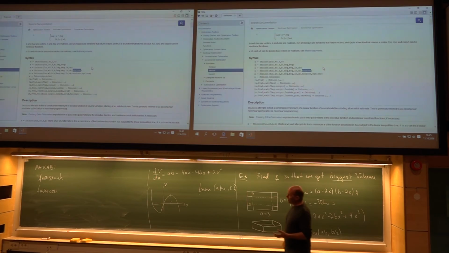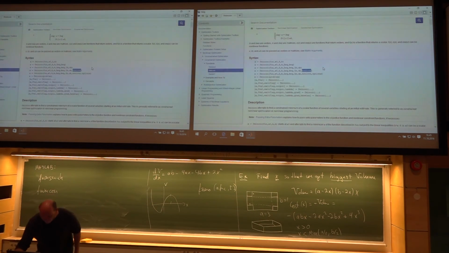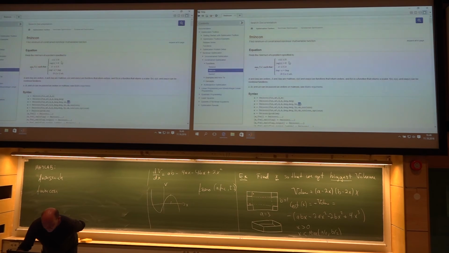If they are simple, like it is in our case, where we have x should be positive and should be smaller than something, then we could use this lower bound and upper bound input directly. The A and b equalities and the c of x, c equalities, and so on.